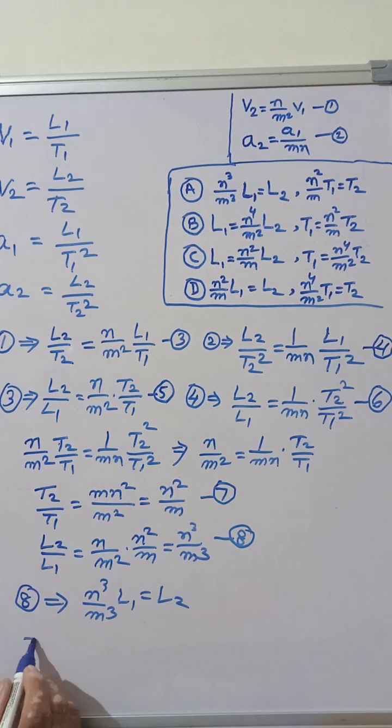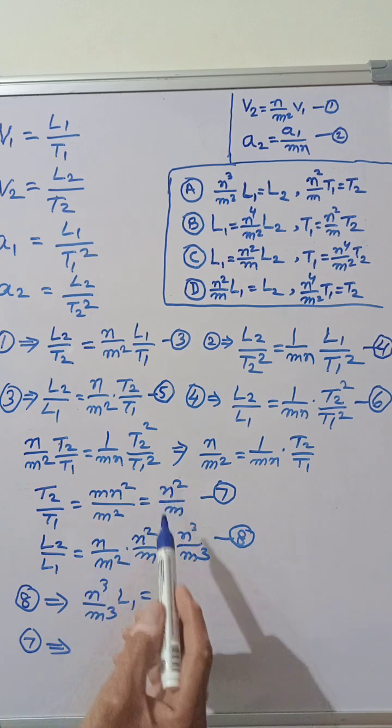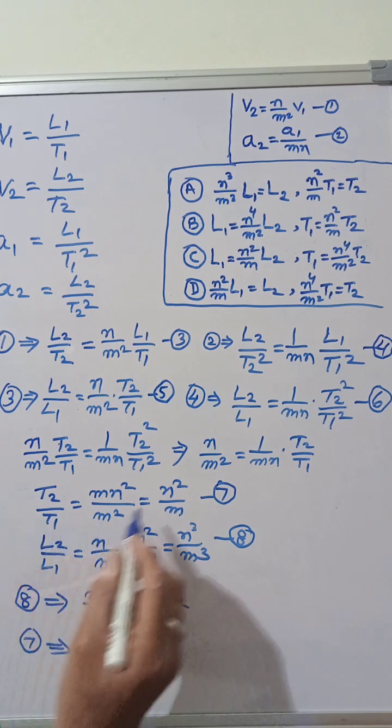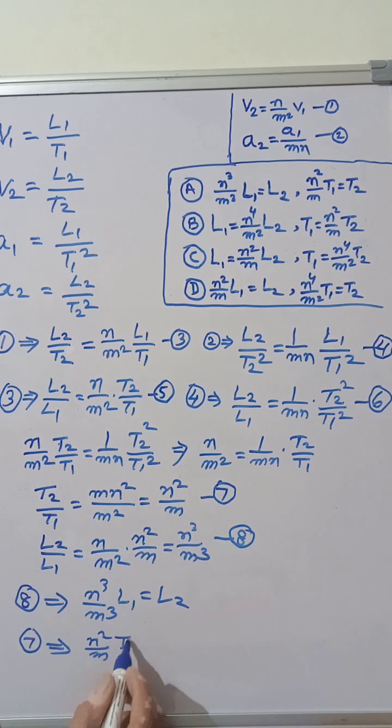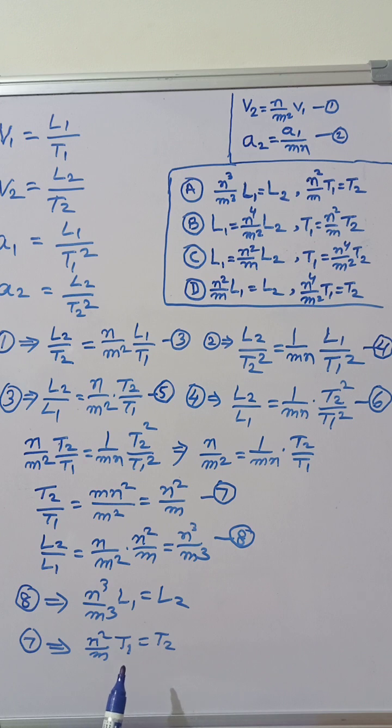Similarly, equation 7 implies N square by M into T1 is equal to T2. Now we can easily see that these are the correct relations for L1, L2 and T1, T2.